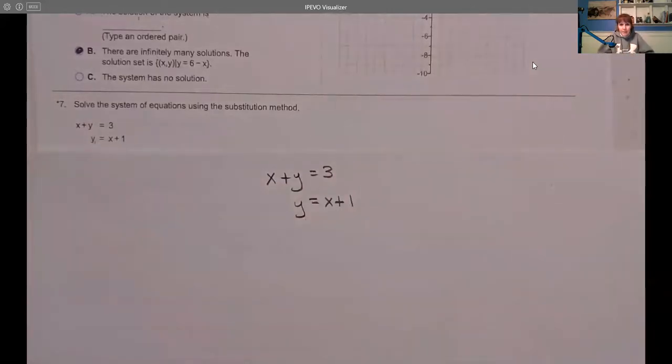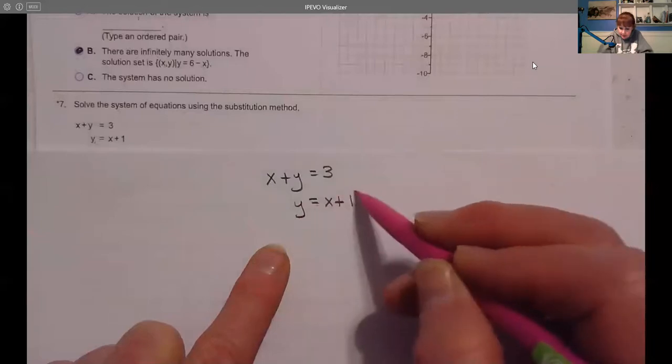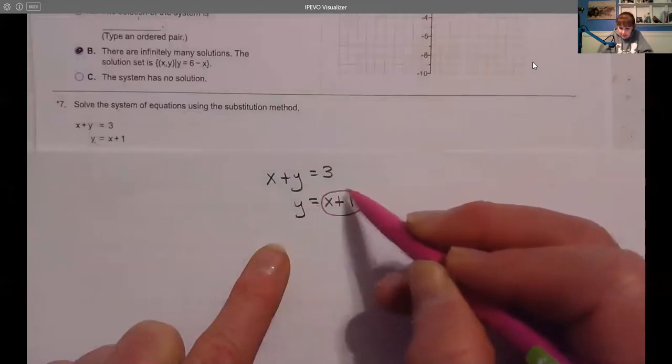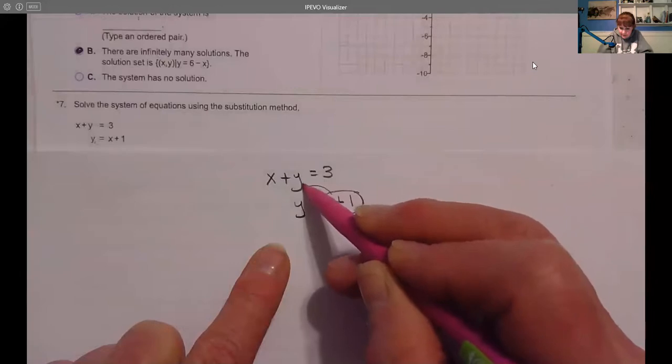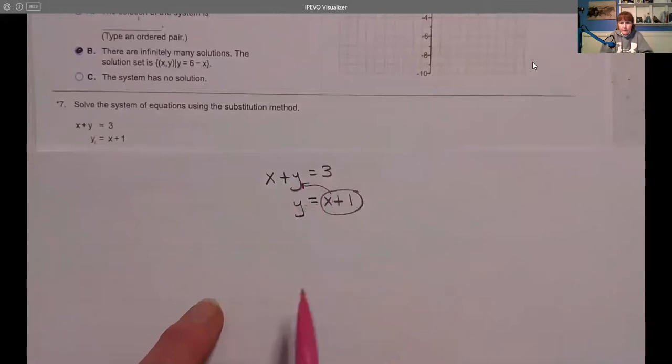What I'm going to do is, I know that the x's and the y's match. Whenever they intersect, those x's and y's are the same. So I am going to take this y is equal to this, and put this right there. I'm going to substitute x plus 1 in for the y, because they're equal. So that means I can just substitute it in.